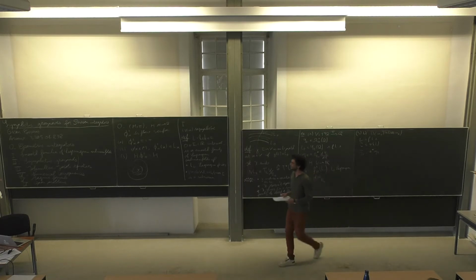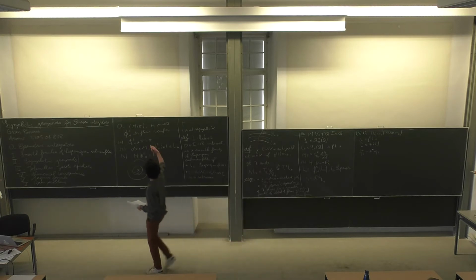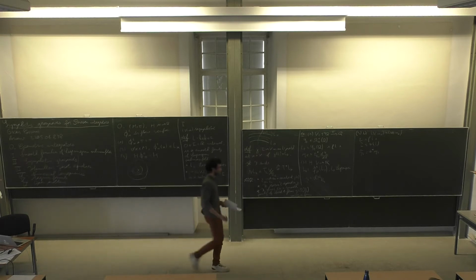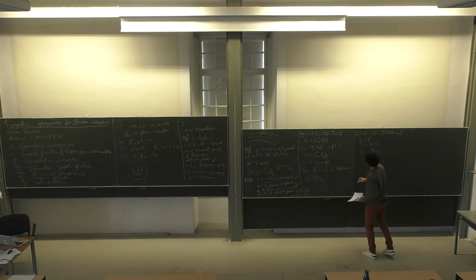Okay, so this is in a general symplectic manifold, and now we do that in symplectic groupoids for particular Lagrangian submanifolds that are bisections. So this is the second point.